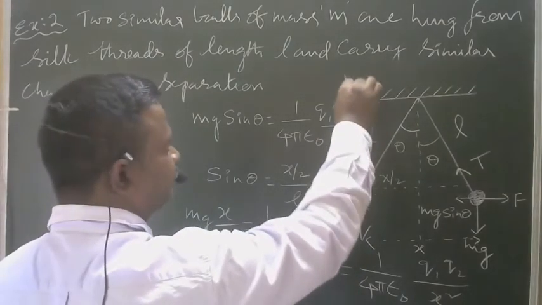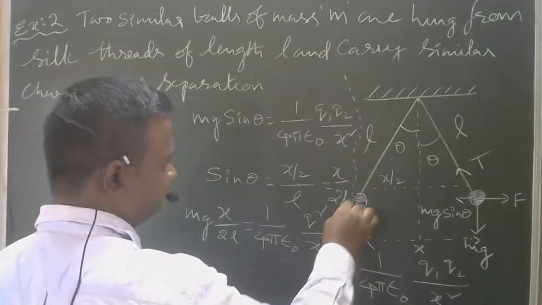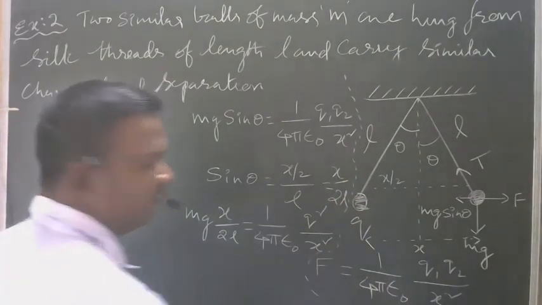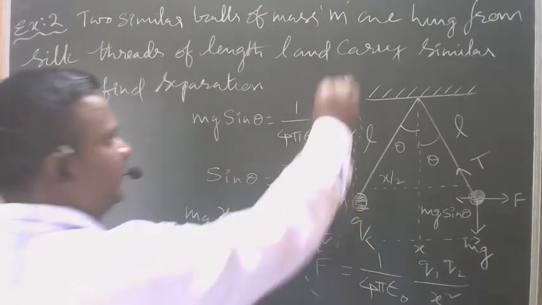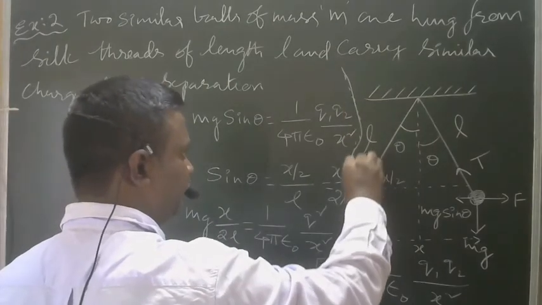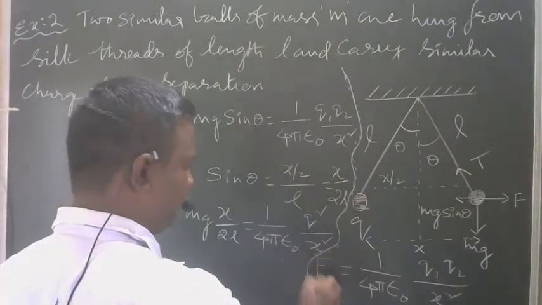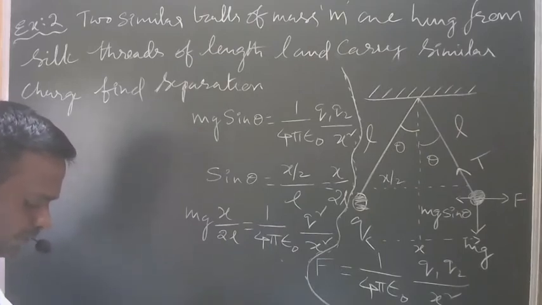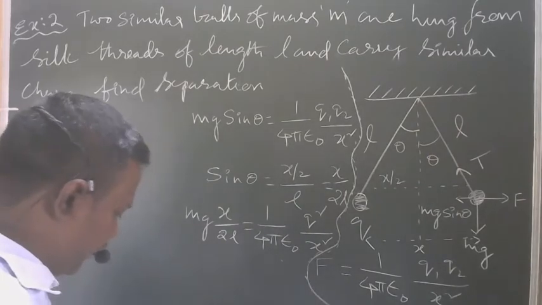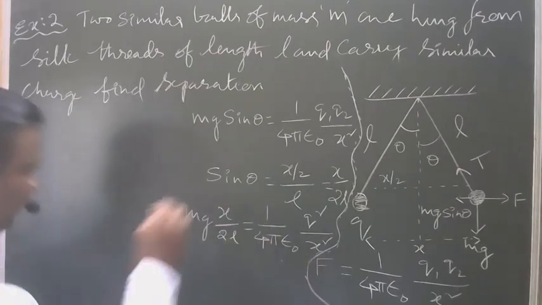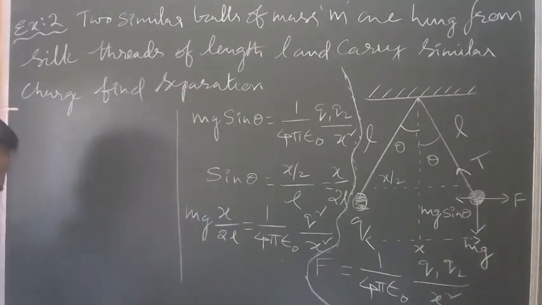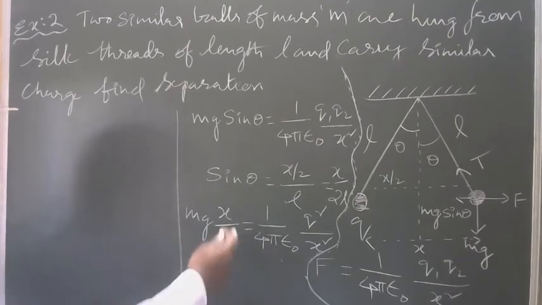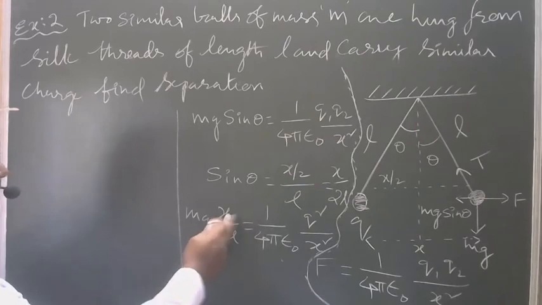But I need the value of x. So here you can consider this as x square value. I need the value of x. Therefore, I am multiplying; this is also x, so this x comes here.